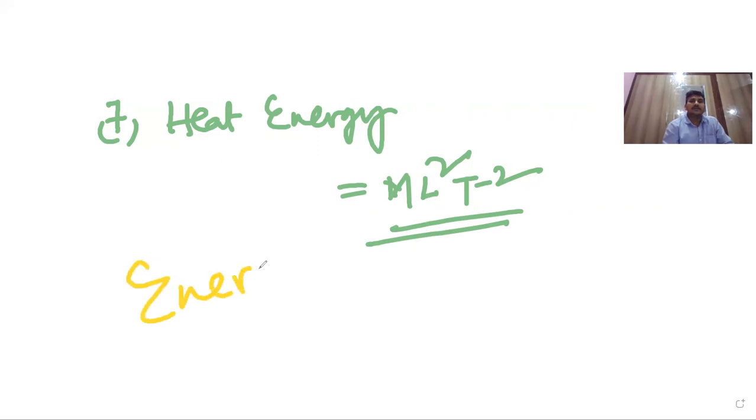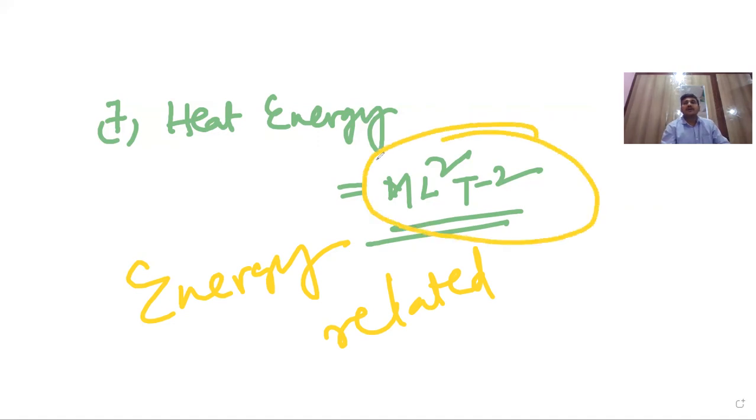These are all energy related parameters. So the simple dimension formula is ML square T minus 2. Wherever you come across an energy term, blindly remember it is ML square T minus 2.